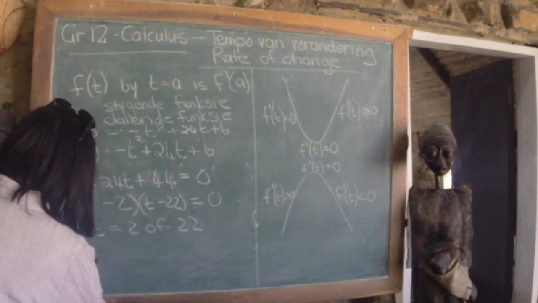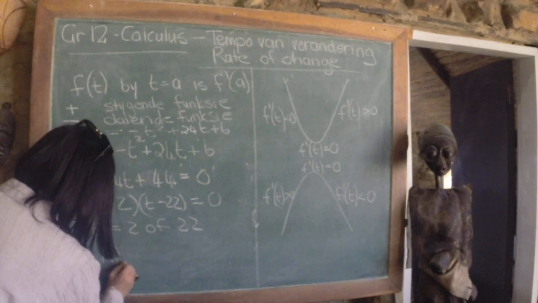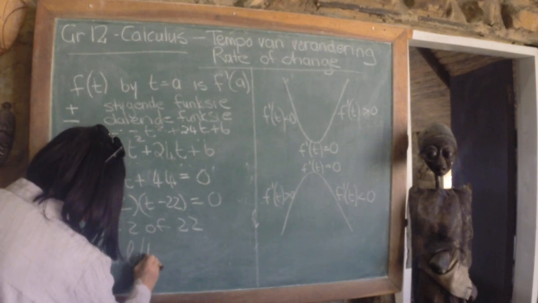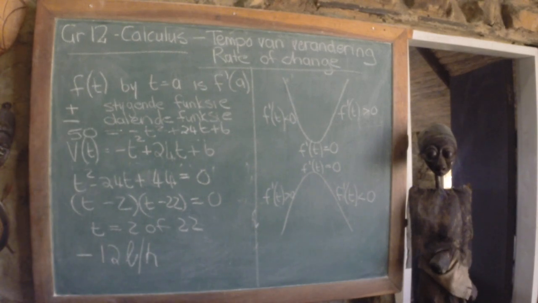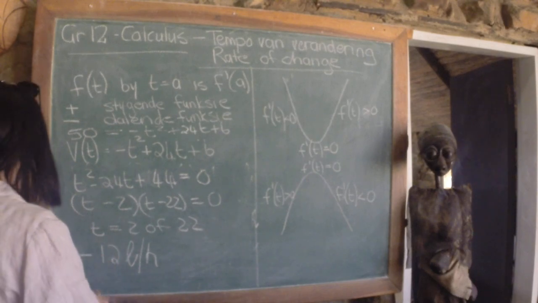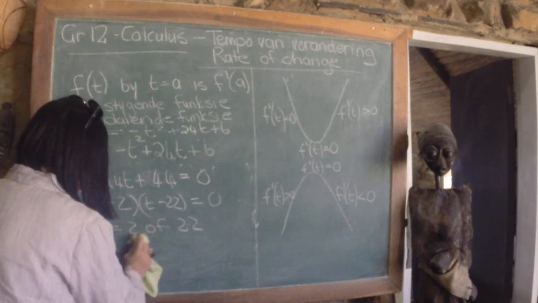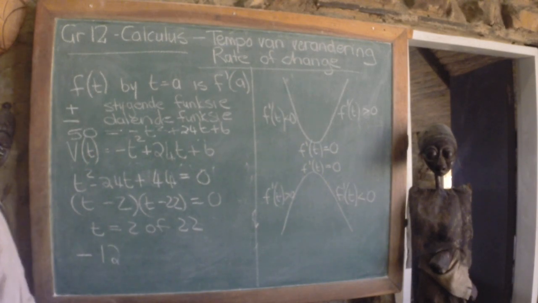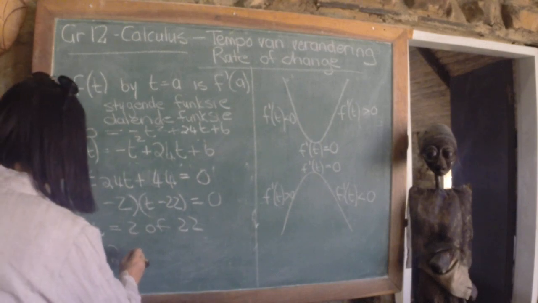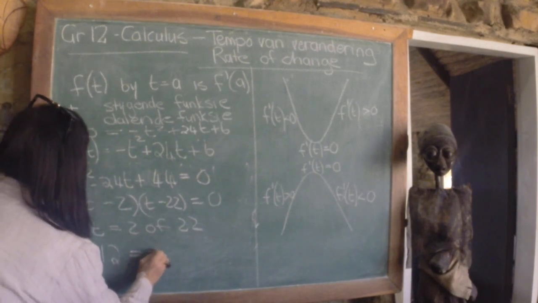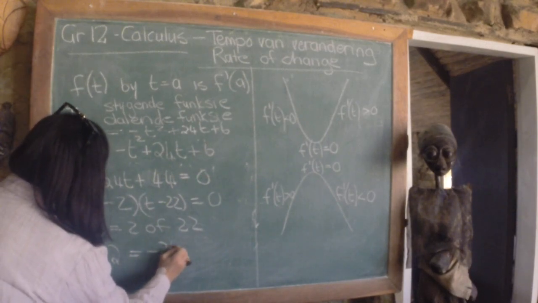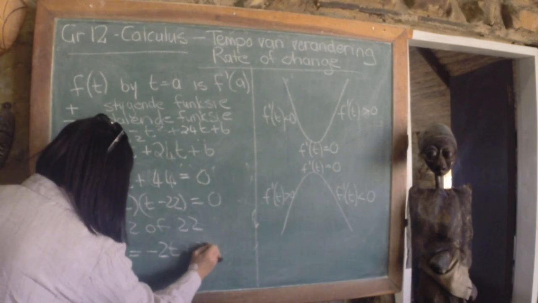Decrease, so it's minus 12 liters per hour they are talking about, and that will be the value of the rate of change. So it's going to be the answer of the derivative. So the derivative is minus 2t plus 24.